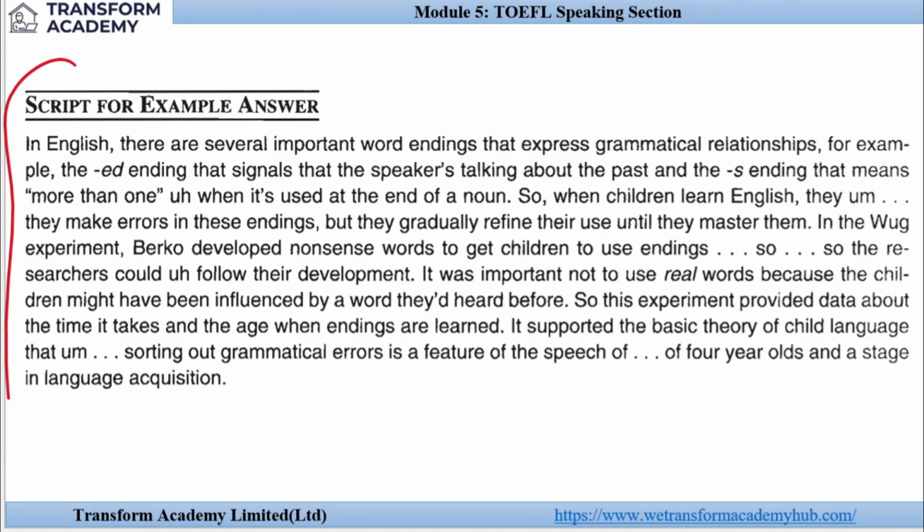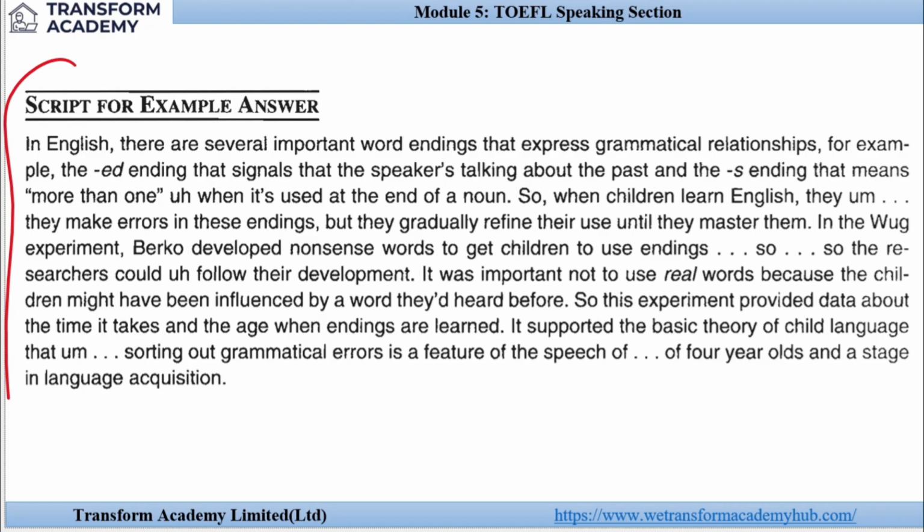In English, there are several important word endings that express grammatical relationships. For example, the ed ending that signals the speaker is talking about the past, and the s ending that means more than one when it's used at the end of a noun. So when children learn English, they make errors in these endings, but they gradually refine their use until they master them. In the wug experiment, Berko developed nonsense words to get children to use endings, so the researchers could follow their development.